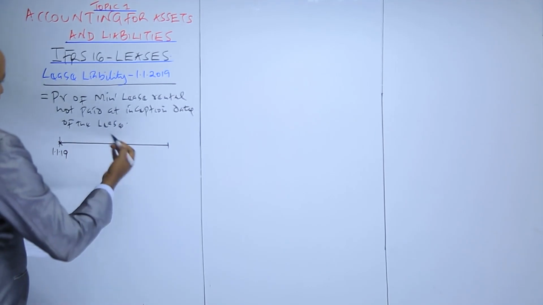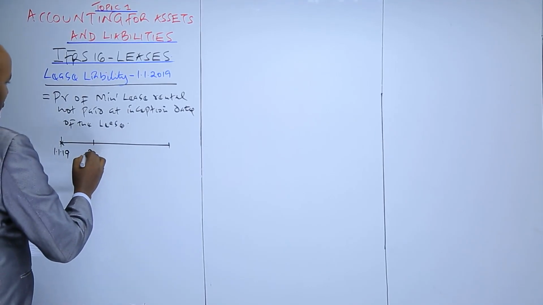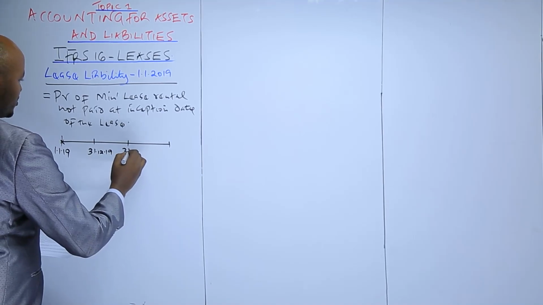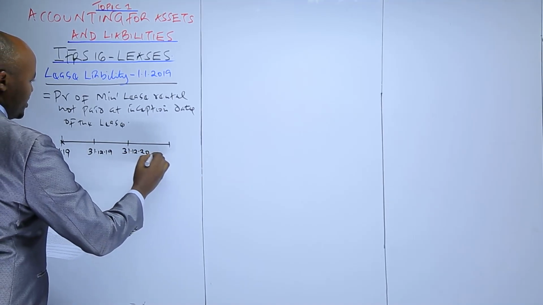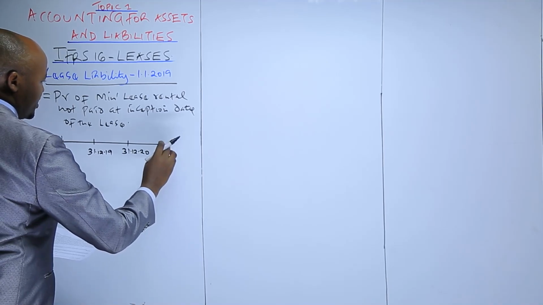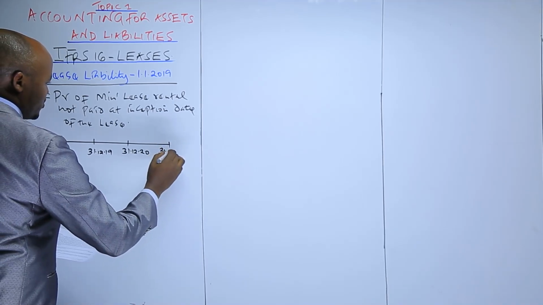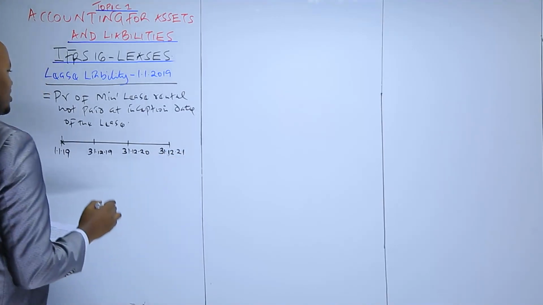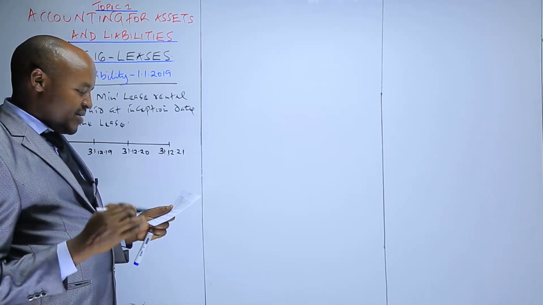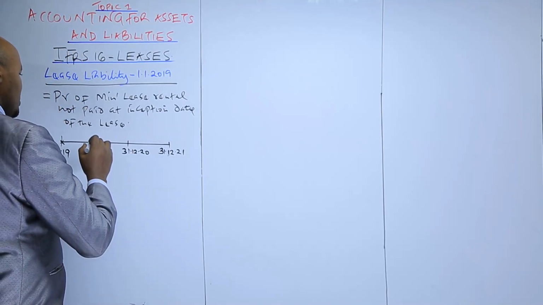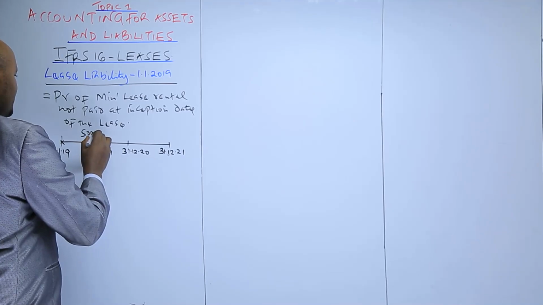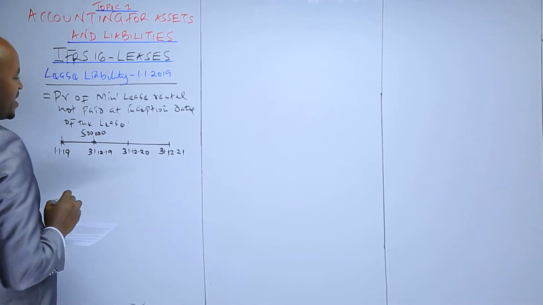You're told the lease is for 3 years. The first year will end on 31st of December 2019, then 31st of December 2020, and 31st of December 2021. We are told that the minimum lease rentals payable is an amount of 500,000, and that the first rent will be paid on 31st of December 2019.